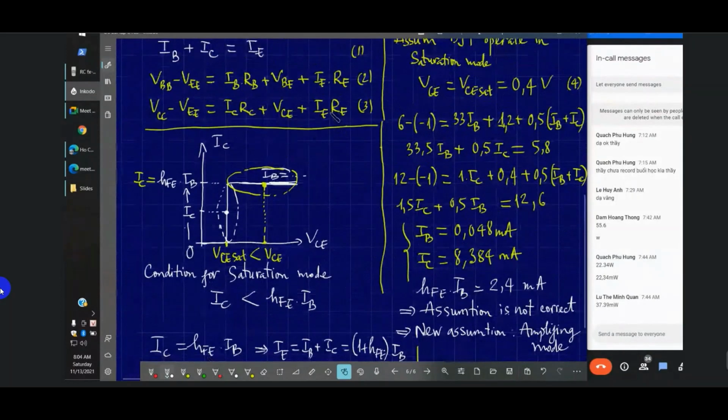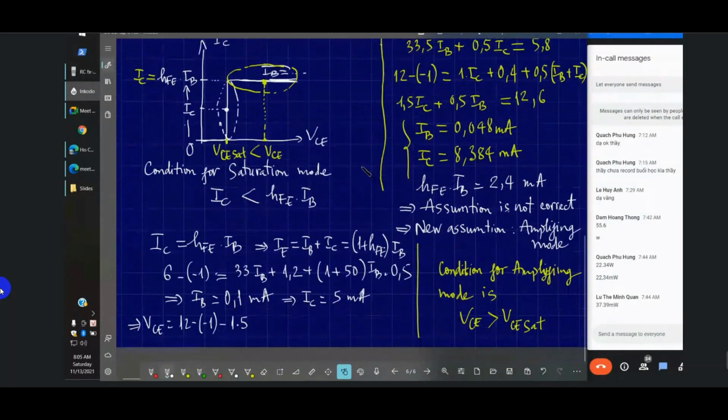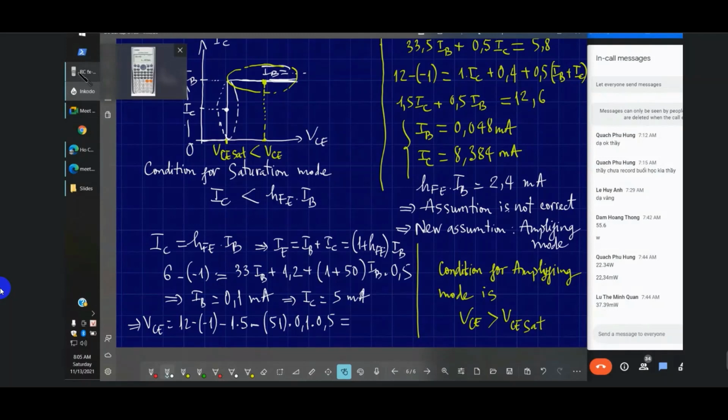And then minus IE RE. And then minus, okay, 50 plus 1 multiplied with IB 0.1 multiplied with RE 0.5. And what is the value? Okay, we have to check. In our case, this one is 0.4.